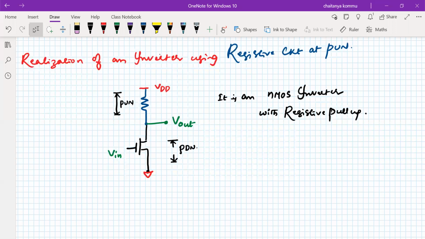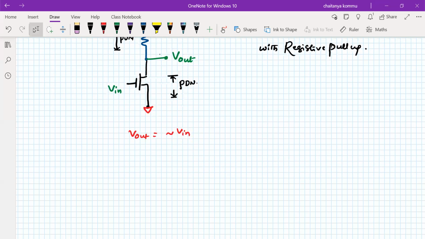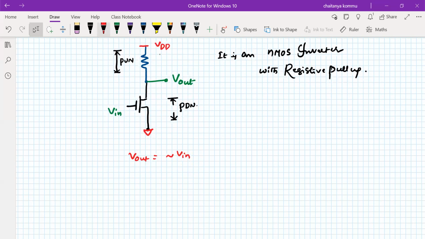Whatever input I apply here, V out should be NOT of V in. Whatever input we apply, it has to appear as a complement at the output side. So we should look at whether the circuit is operating the same way or not. That is called the operation of an inverter.